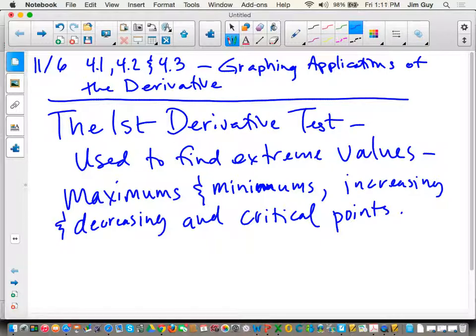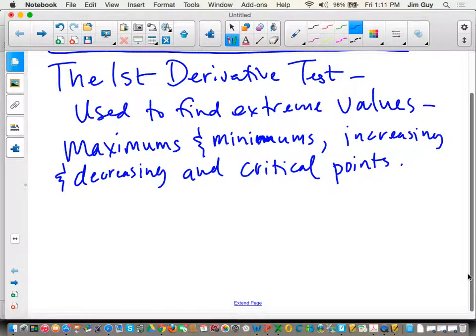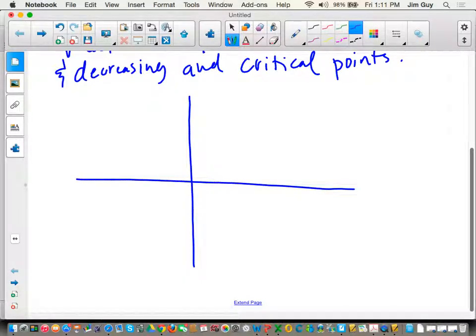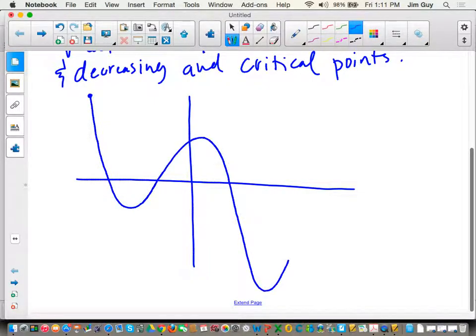All right, so let's walk through how it will work. First, let's show you a graph. Here's an endpoint. All right, so let's take a look at that.